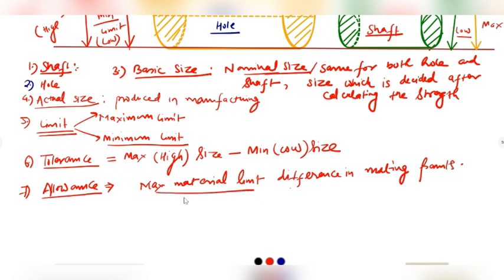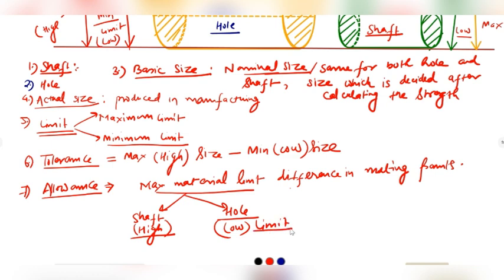We always need to remember that the maximum material limit in the case of a shaft is its high limit, and in the case of a hole it is the low limit.